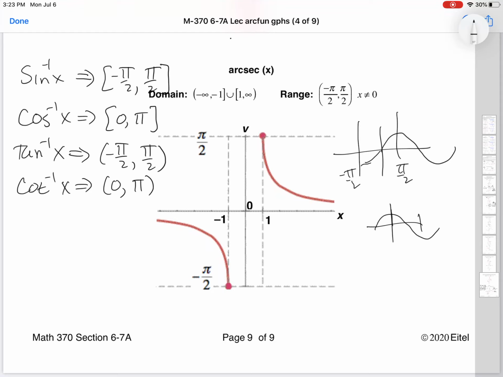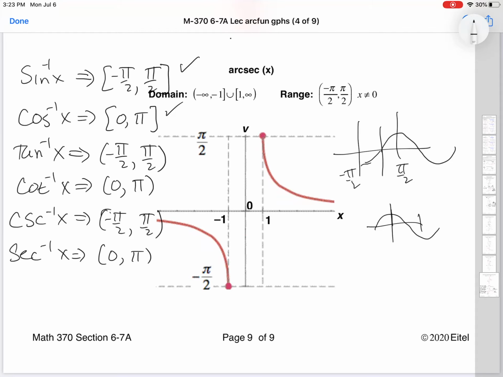So if you can just memorize the sine and cosine ranges, you'll get the other ones, because cosecant inverse of x is related to sine, and so that's from the minus pi over 2 to pi over 2 area. And then secant inverse is related to cosine, and that's from 0 to pi coming through as well.